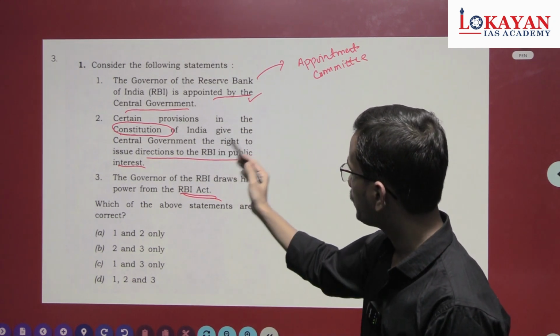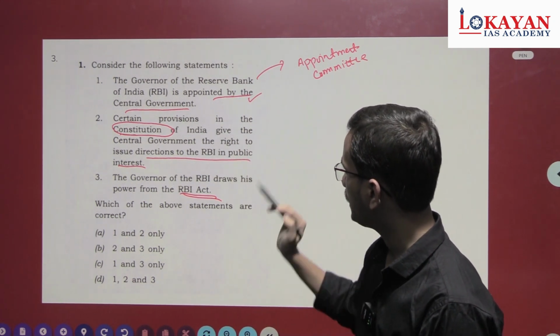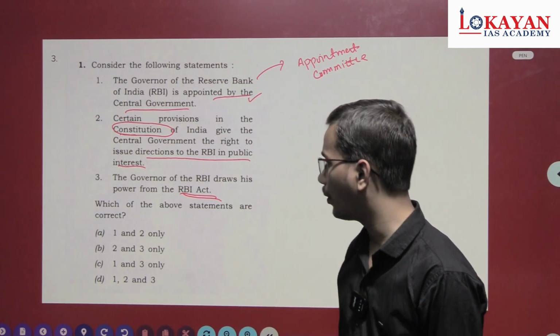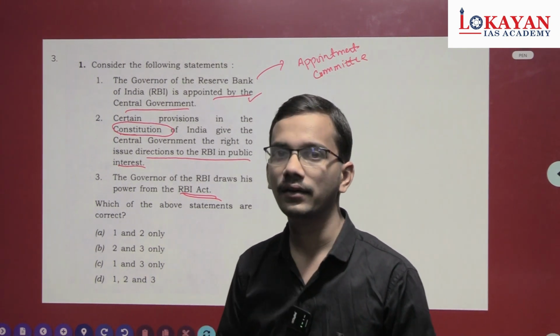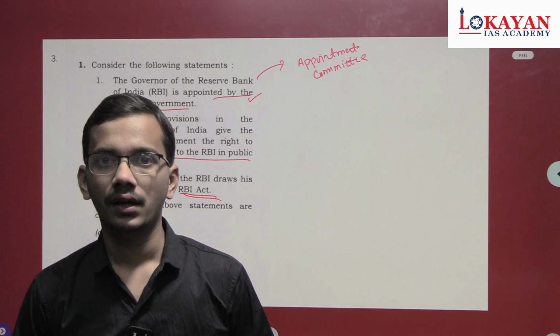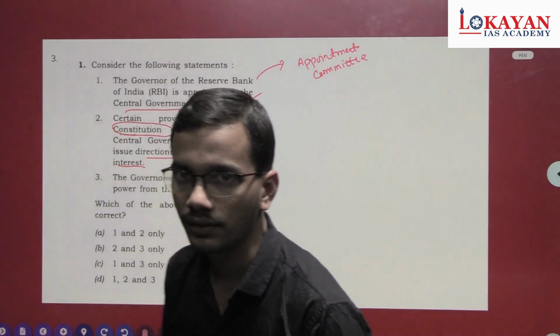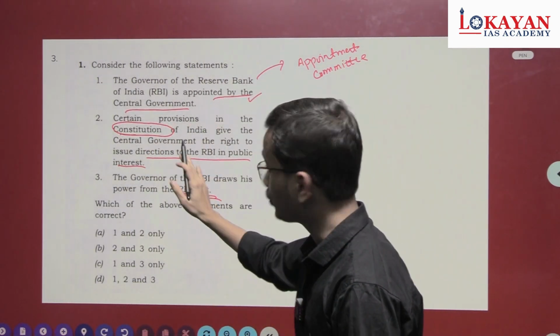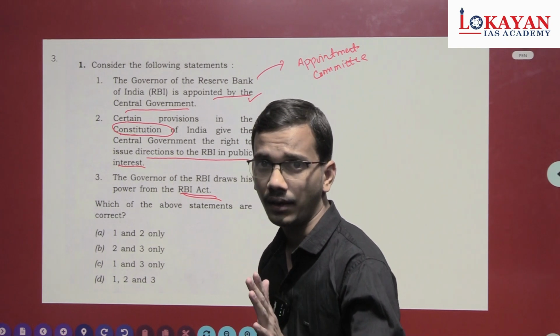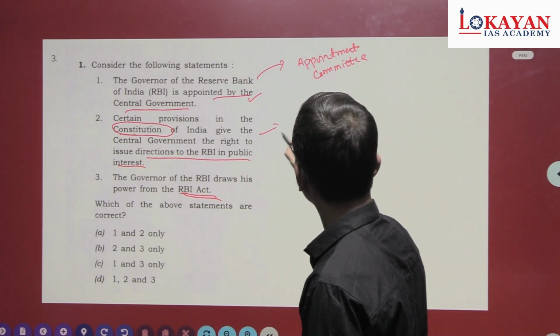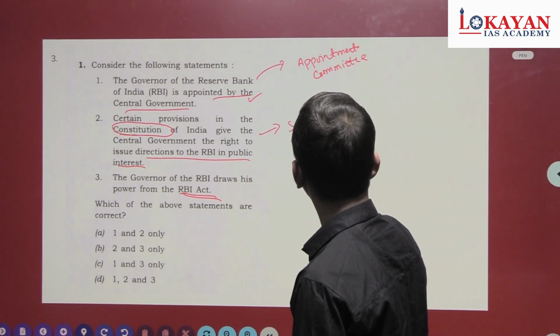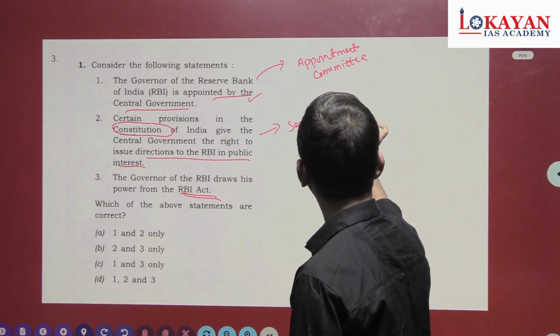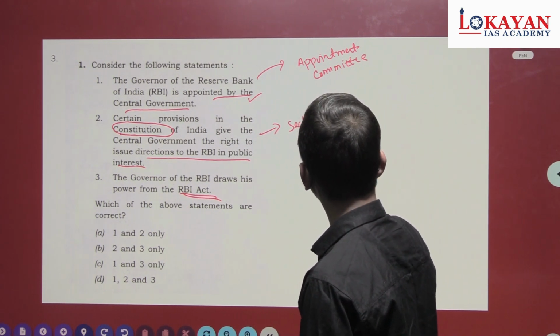Second, certain provisions in the Constitution of India give central government power to issue directions to RBI in public interest. Now this statement is partially correct because not certain provisions of Constitution of India but section 7 of RBI Act.